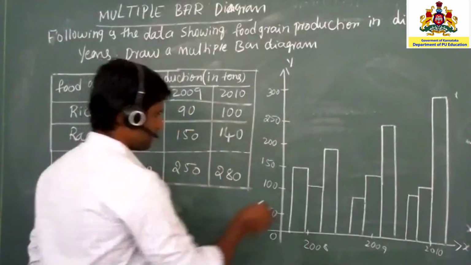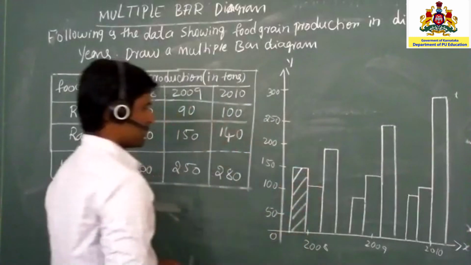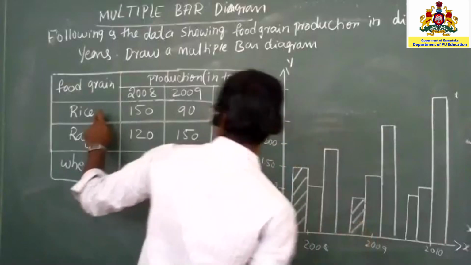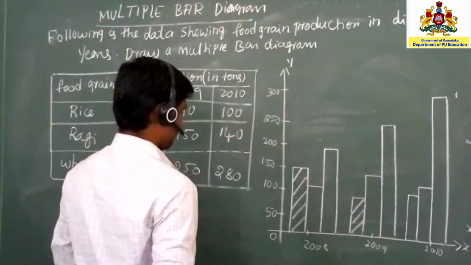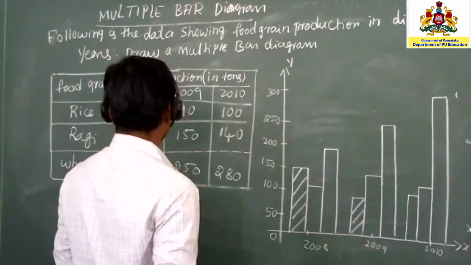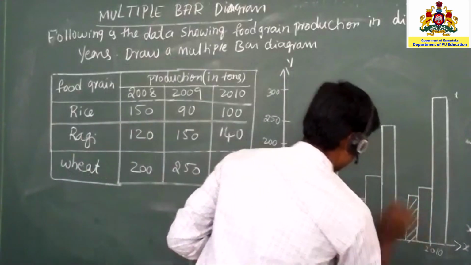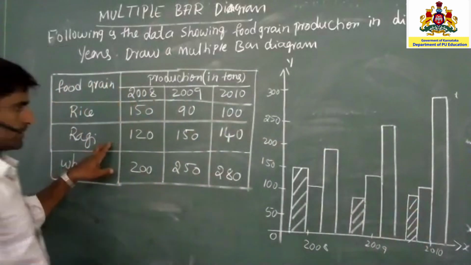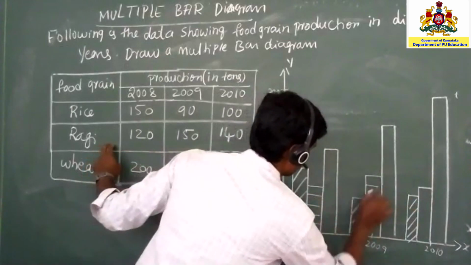So for the first one, I'm doing cross lines. This is called the rice value, in 2010 also rice. The next one, ragi, I'm differentiating with horizontal lines.